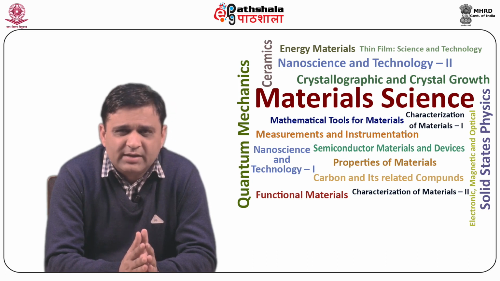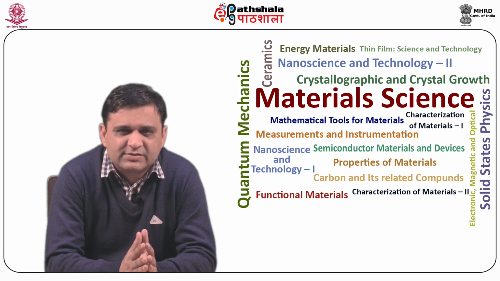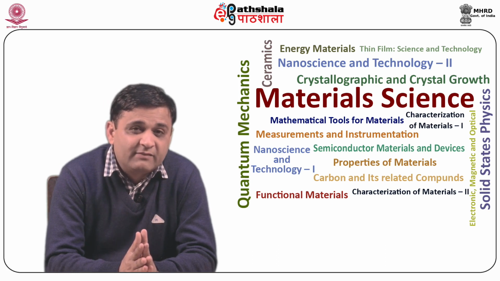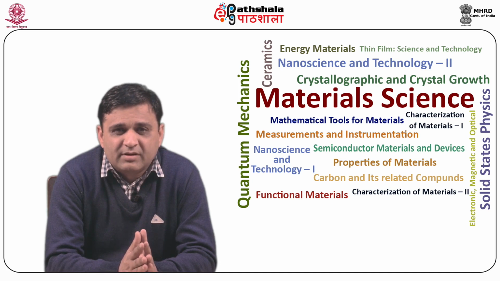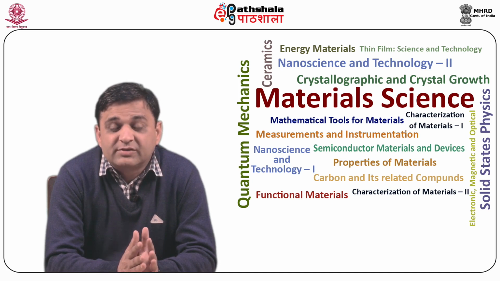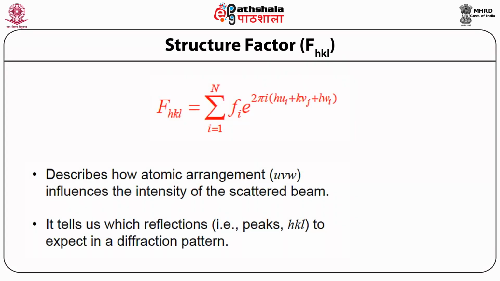So that is why the intensities of the peaks which you see in the crystals are different from one to another, because they define a different set of planes, a different family of planes. So it changes basically the structure factor for that particular plane, a structure factor F HKL.